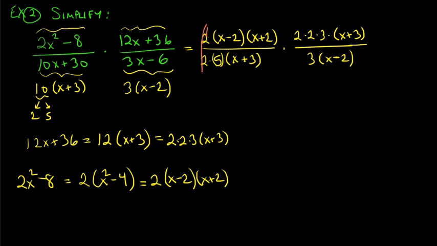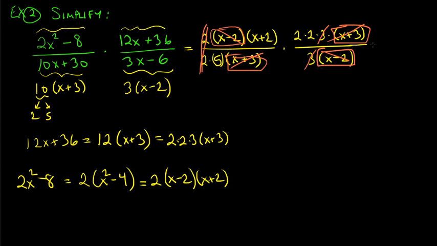2 divided by 2 is 1. 3 divided by 3 is 1. And x minus 2 divided by x minus 2 is also 1. And x plus 3 divided by x plus 3 is also 1. Anything else?